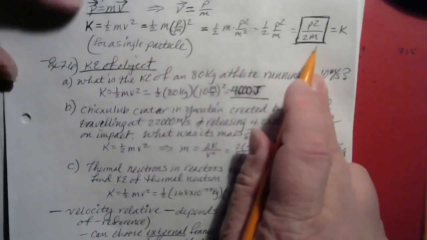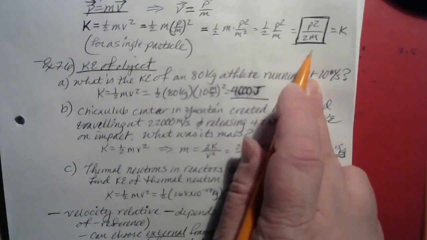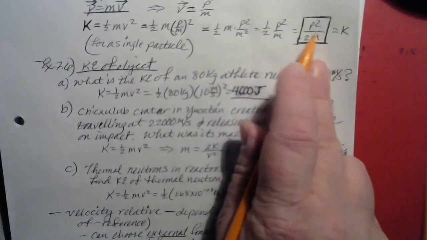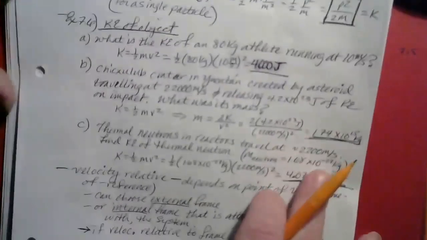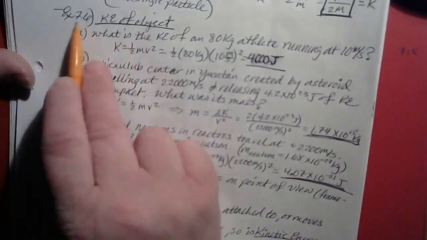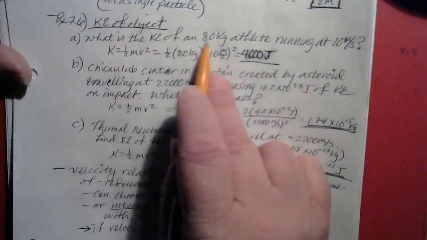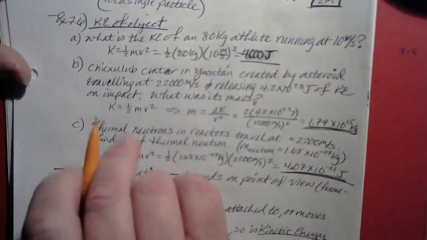This is for a single particle. Of course, if you want it for an entire collection of particles, then you just sum up the kinetic energies or the momentums of all the individual particles. All right, so looking at the kinetic energy of an object, for example 7.6, the question is, what is the kinetic energy of an 80 kilogram athlete running at 10 meters per second?